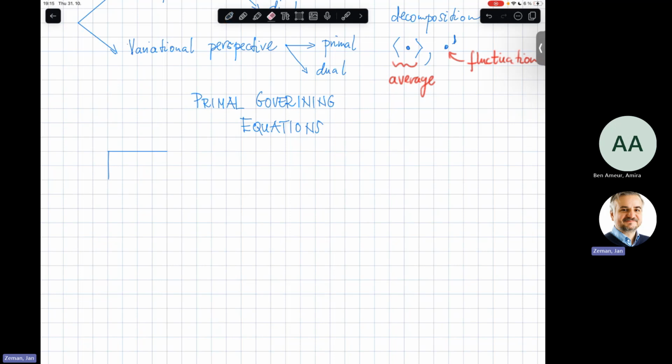Just keep it here, but what I will present first on the right-hand side is the following. So I will assume that now I'm talking some heterogeneous body.